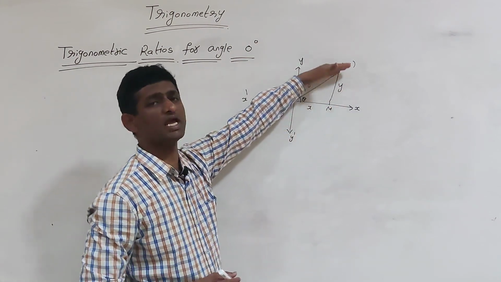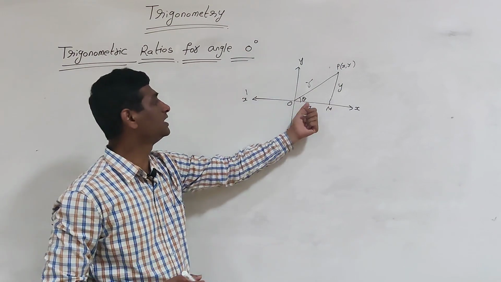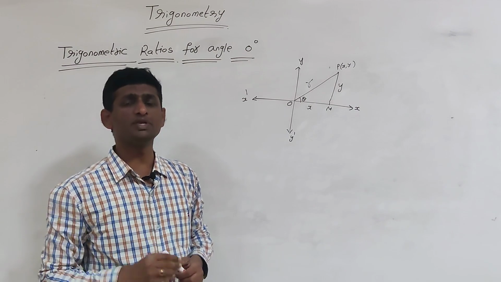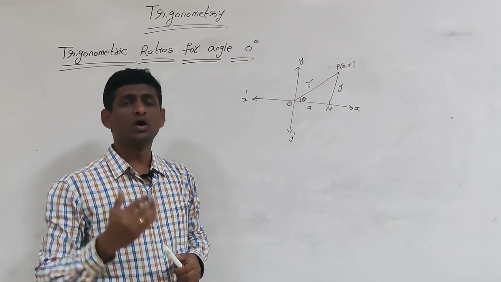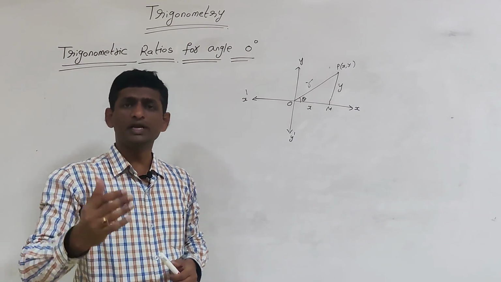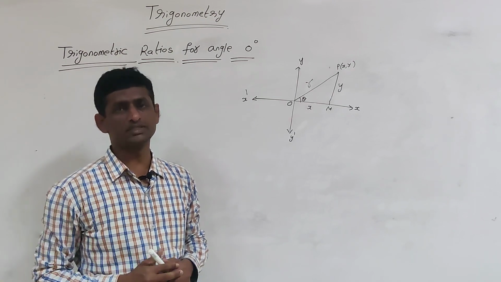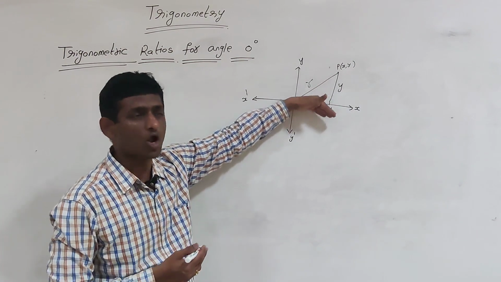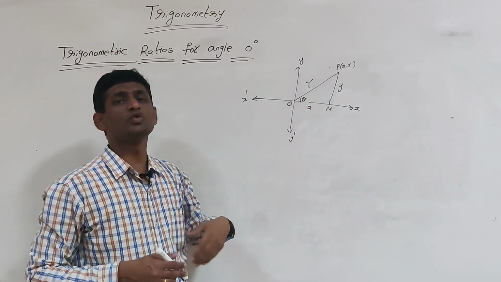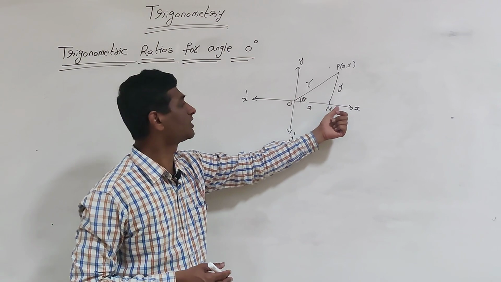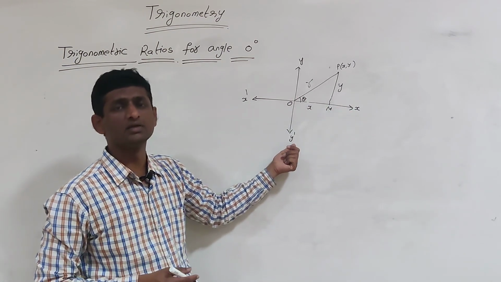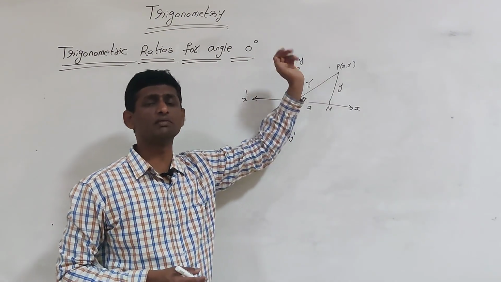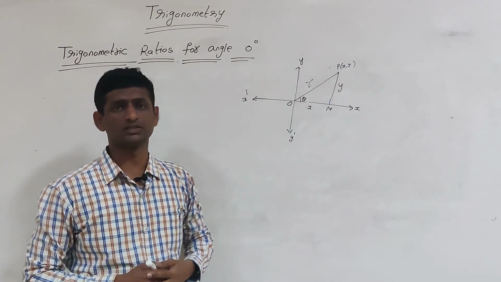If it moves anti-clockwise, then theta will be positive. So theta may be from 0 to 90, 90 to 180, 180 to 270, 270 to 360. If theta moves in the clockwise direction, you have theta from 0 to minus 90, minus 90 to minus 180, minus 180 to minus 270, minus 270 to minus 360.